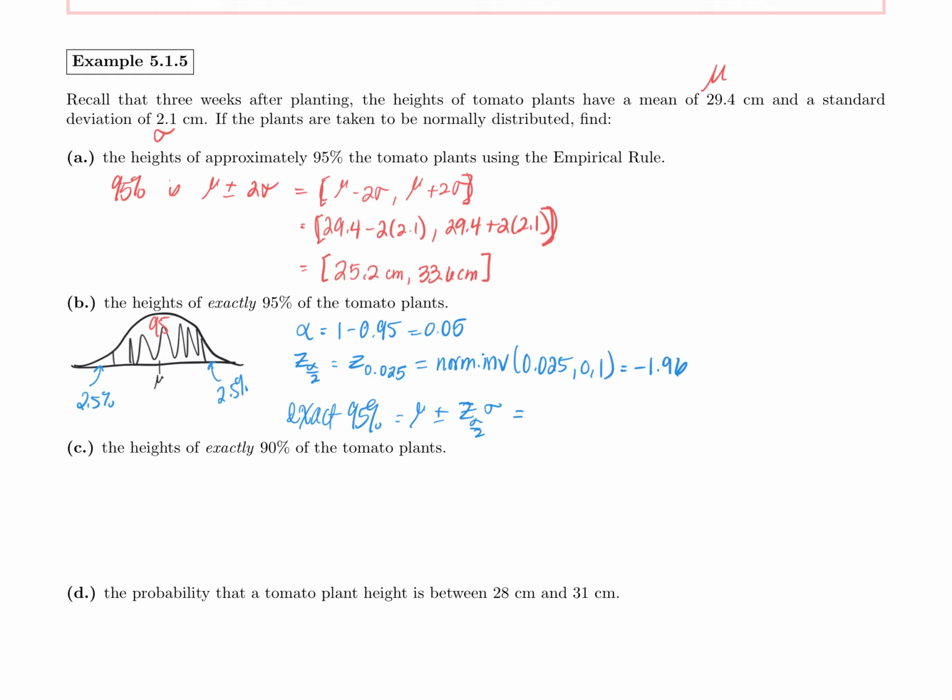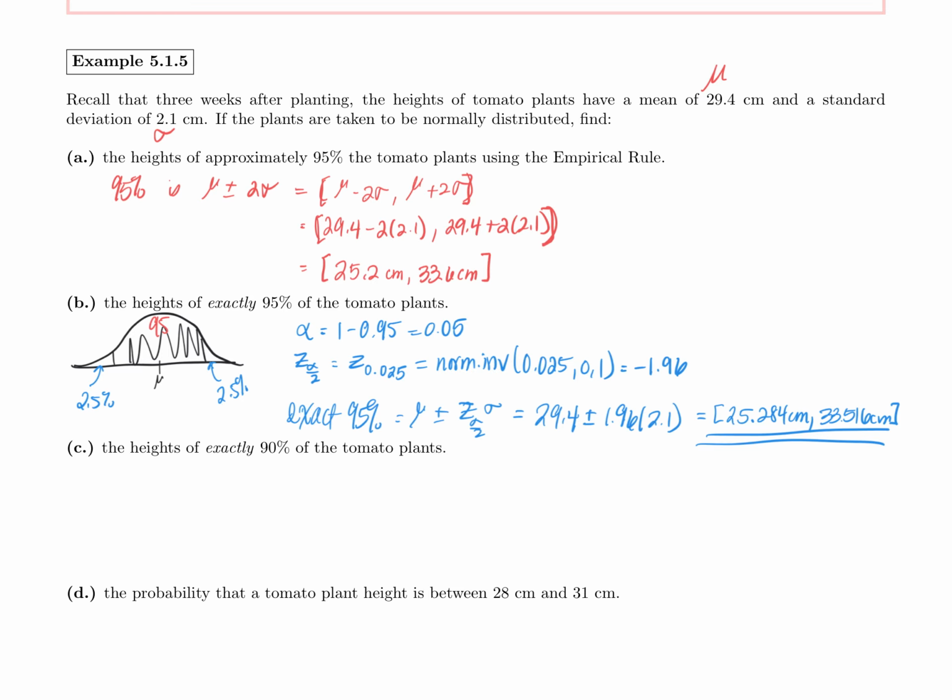So in this case, it's going to be 29.4 centimeters plus or minus our 1.96 times our 2.1, or in this case, the exact value is 25.284 centimeters to 33.516 centimeters. So our approximation using the empirical rule wasn't terribly far off. It was pretty close.